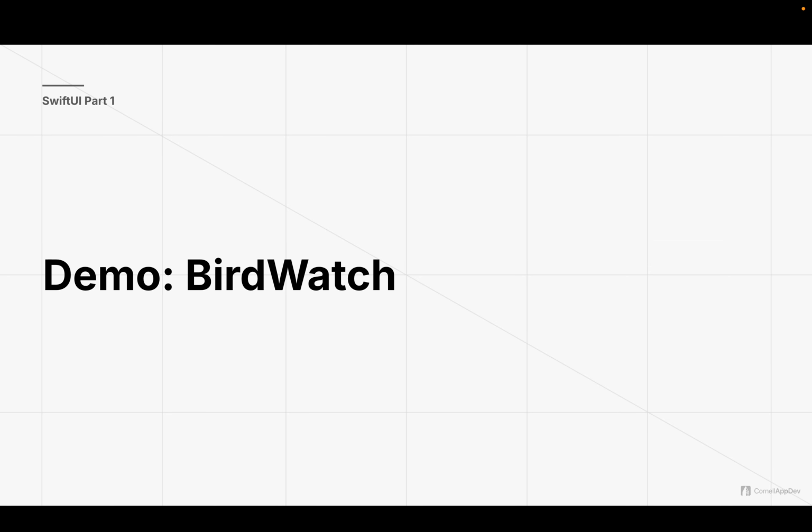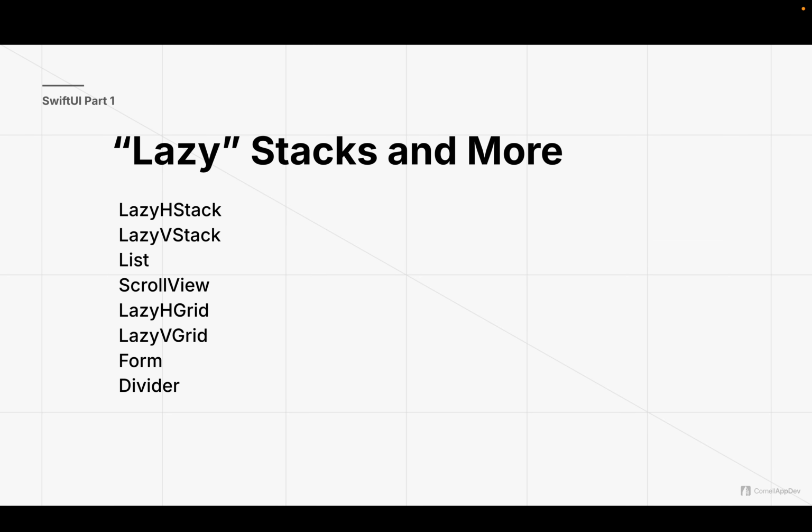Lazy VStack is like, remember in the collection view we had that mechanism, reuse with identifier, where we only load the data that you see on the screen. This is what lazy stacks do. Same in SwiftUI, we don't want to load all of your data at once when the user is not looking at it.